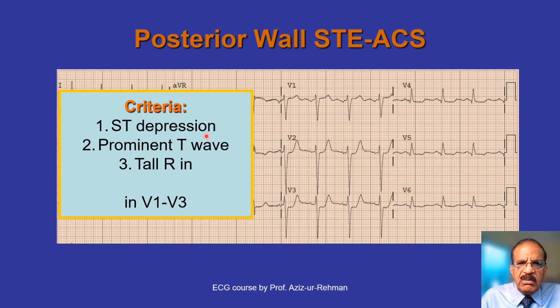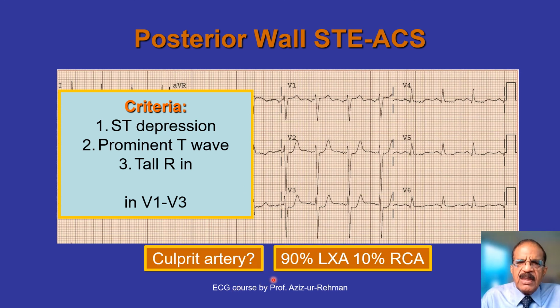Criteria: ST depression, prominent T waves and tall R wave in V1 to V3. Okay, so this was posterior wall STEMI. Culprit artery, 90% left circumflex, 10% right coronary artery.